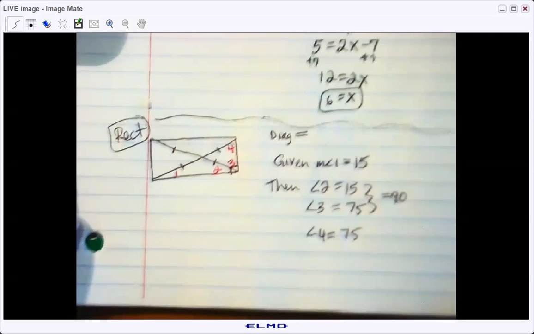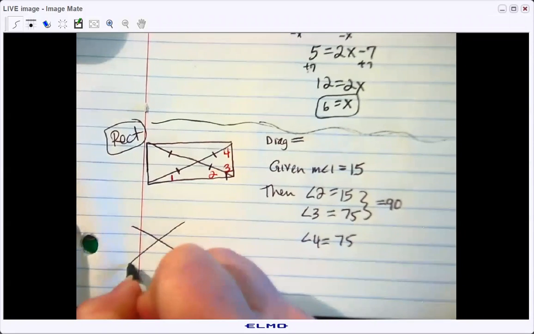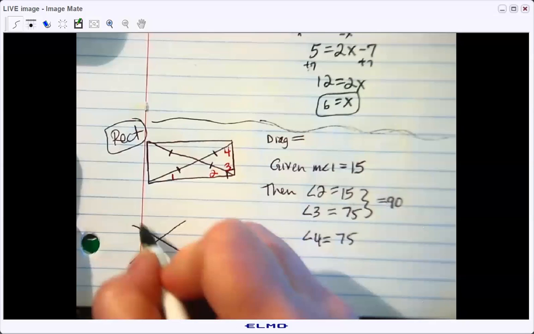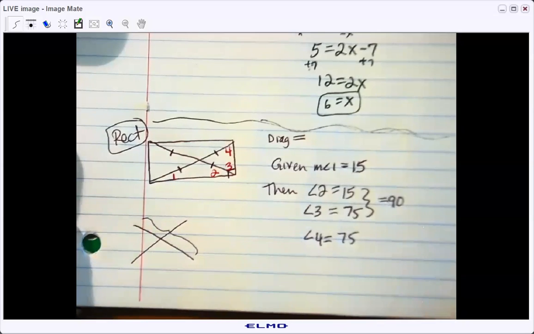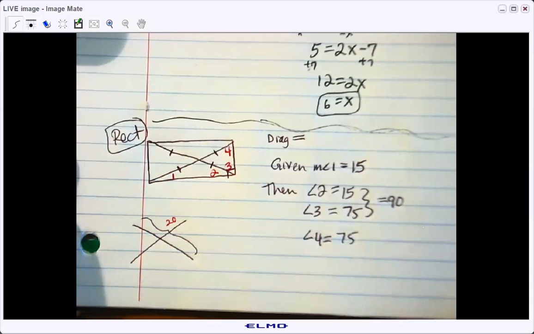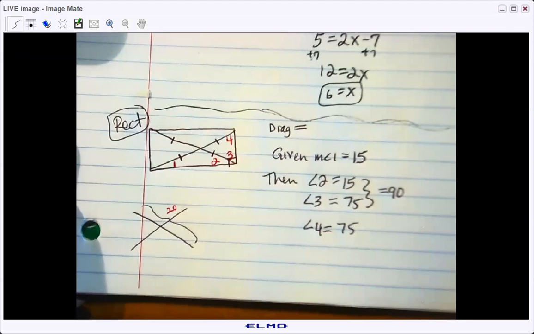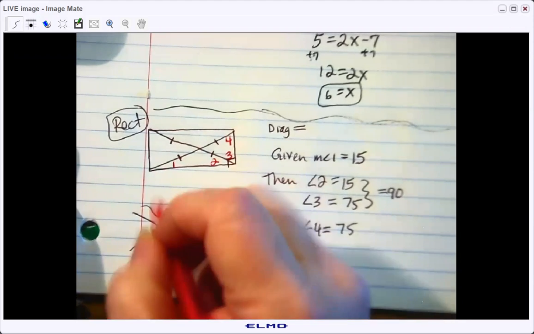Let's just recap on the diagonals for a minute. Since I know that the diagonals are equal, let's say the whole thing is 20. How big is the other diagonal if they're equal? 20, good.